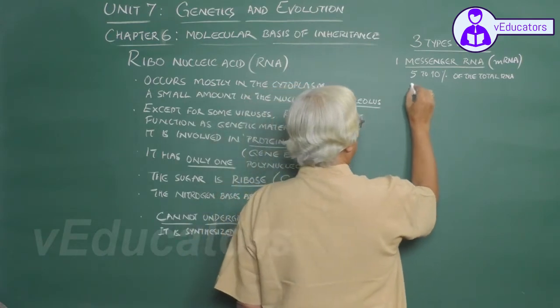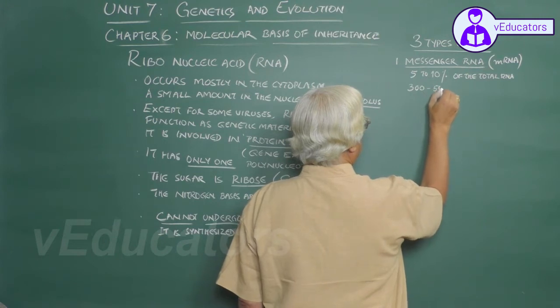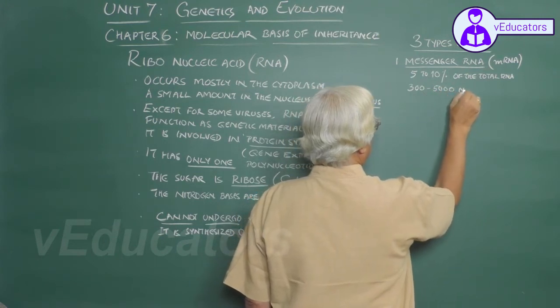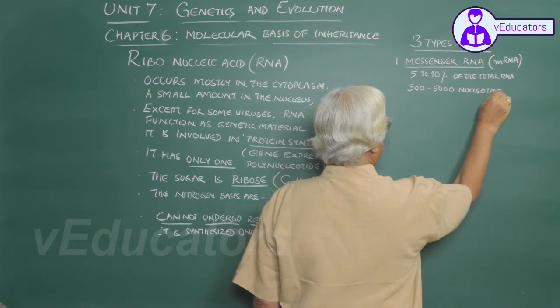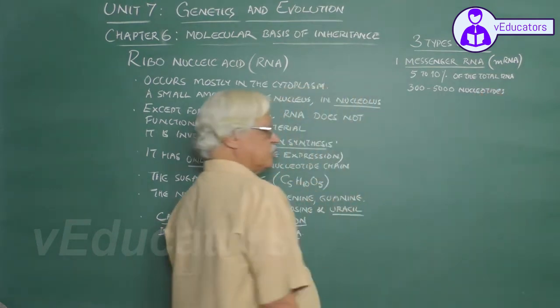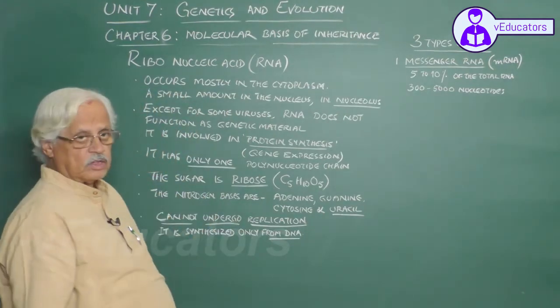It has about 300 to 5,000 nucleotides. The number of nucleotides ranges from about 300 to about 5,000.